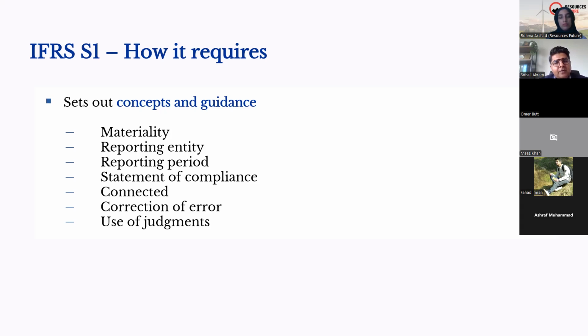Then there's a concept or guidance about correction of errors. So if we have identified any error in our sustainability report, then this guidance would be used, and it is similar to IAS 8 guidance. And the standard also requires us to describe and disclose the judgments that we made when reporting.